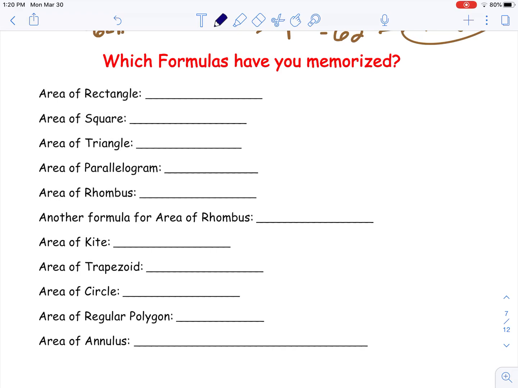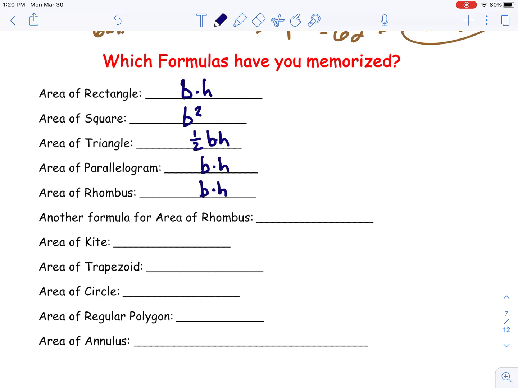If you paused, I'll work through them now. The area of a rectangle is base times height. A square is a rectangle where the base and the height are the same, so it's the base squared. A triangle is half of a rectangle, so 1/2 base times height. A parallelogram is just like a rectangle where we might have to use our triangle tools to find the actual height, but it's still base times height.